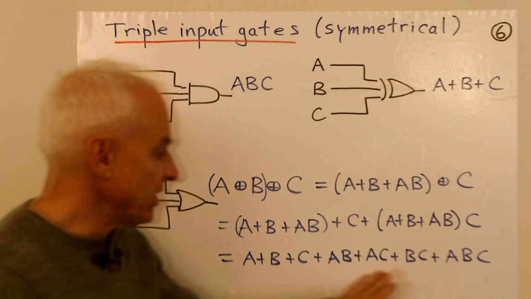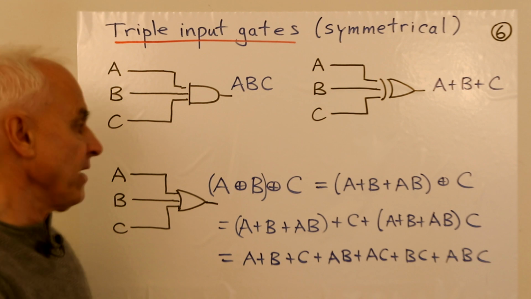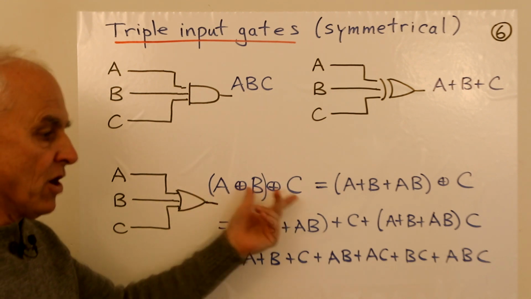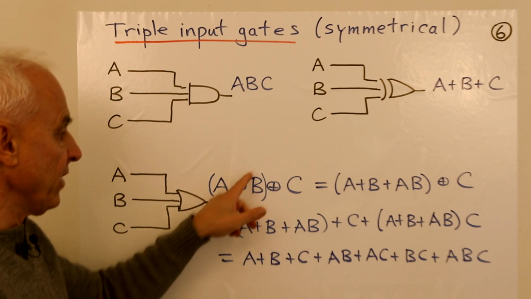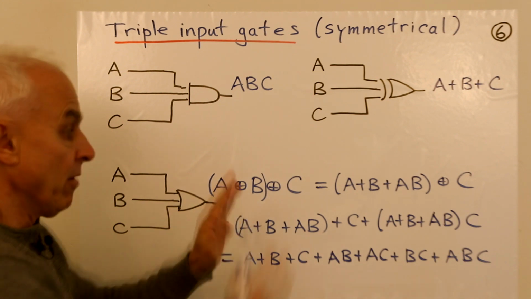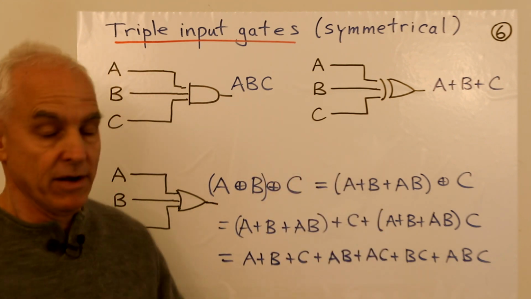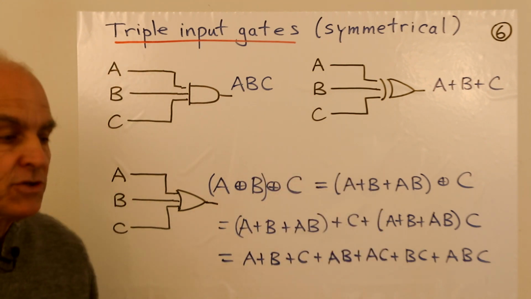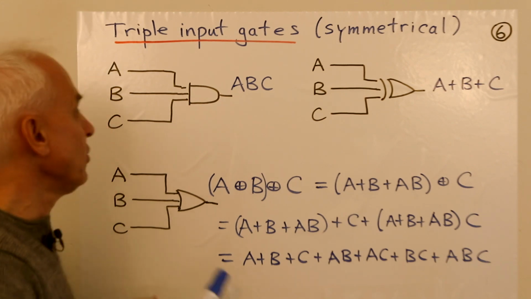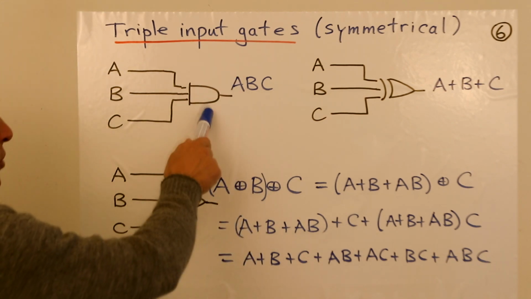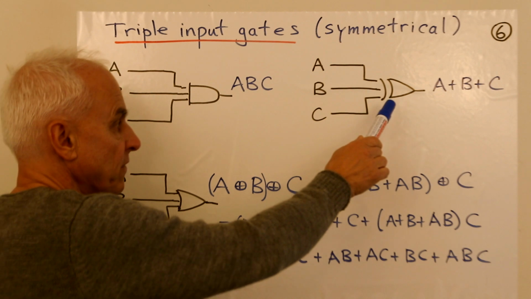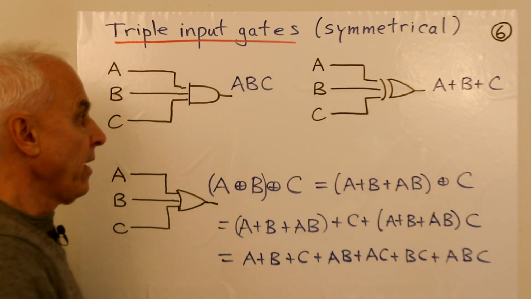So once we have it expanded like this, then we see that in fact, yes, this does not depend on the ordering of the brackets. If we had expressed this as A circle sum the bracket of B circle sum C and expanded, we would have gotten exactly the same thing. So that justifies us in introducing a triple input for an AND, triple input for XOR, and a triple input for an OR gate.